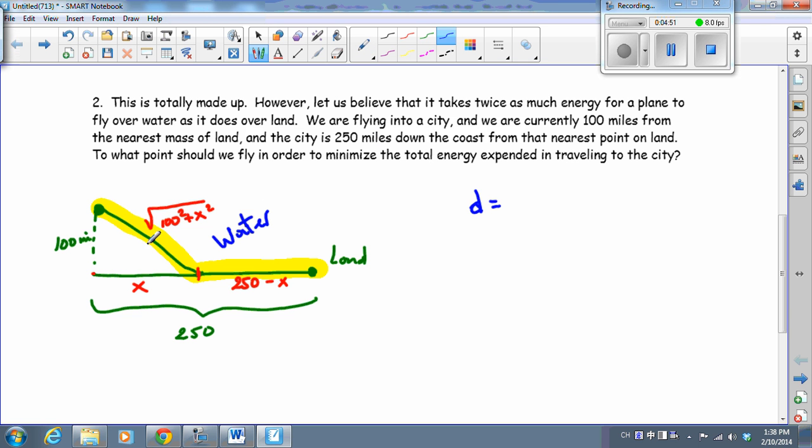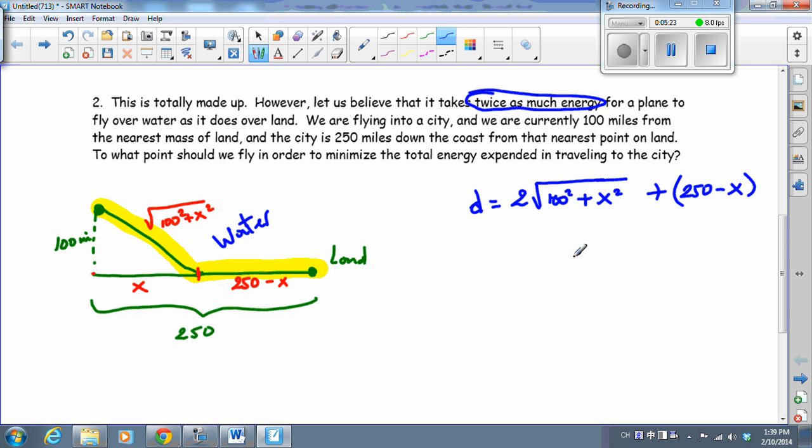The one above the water will be double because they say it takes twice as much energy. So I will double the distance above the water, meaning 2 times the square root of 100 squared plus x squared. And the distance on the length remains the same, so I will add the 250 minus x. Once again, I'm using the fact that it takes twice as much energy here, so the distance on the water should be double.